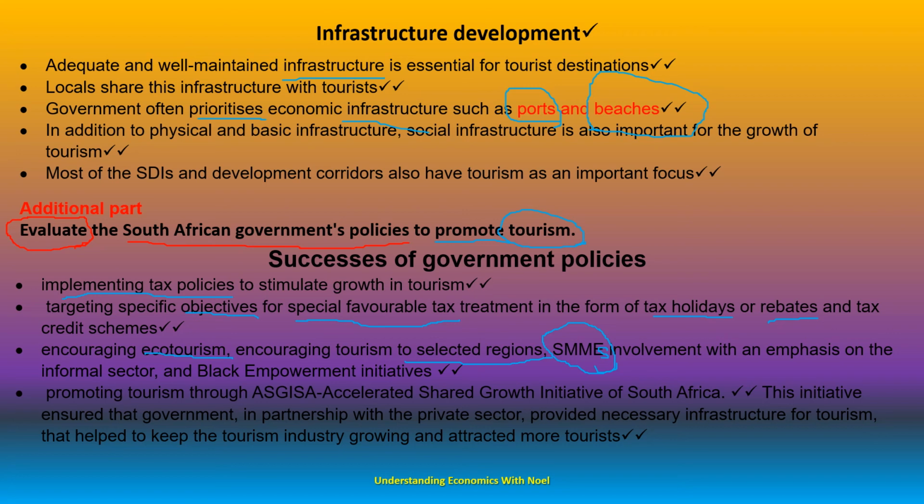Now, we talk about the issue of the Accelerated and Shared Growth Initiative of South Africa. We need to ensure that with this initiative, the government, in partnership with the private sector, should provide necessary infrastructure for tourism.